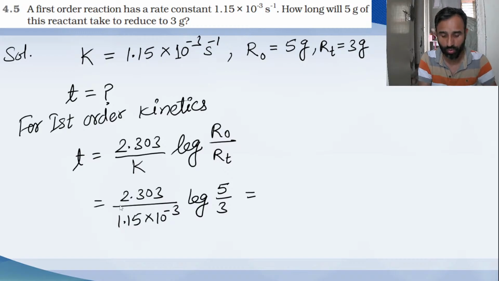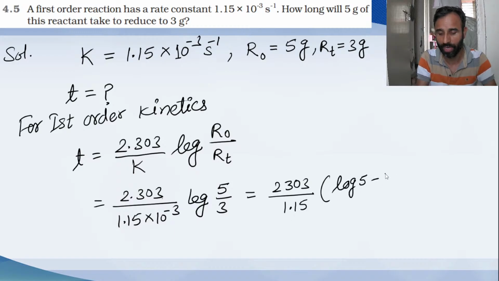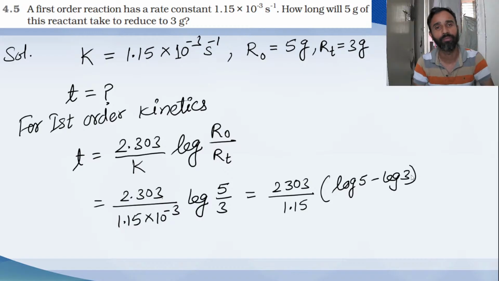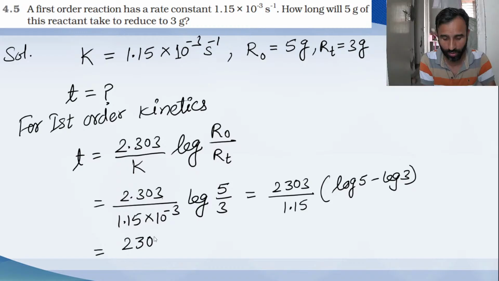It is equal to 2.303 times 10 raised to power minus 3. If it is in the denominator, then it is multiplied to the numerator, so it becomes 2303 divided by 1.15 into log 5 minus log 3. That is 2303 divided by 1.15 into 0.699 minus 0.477.